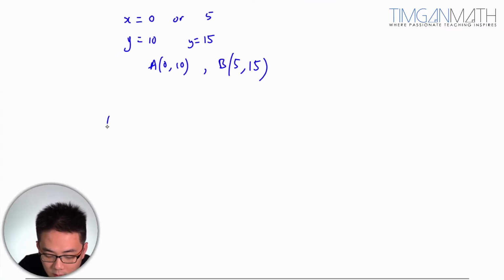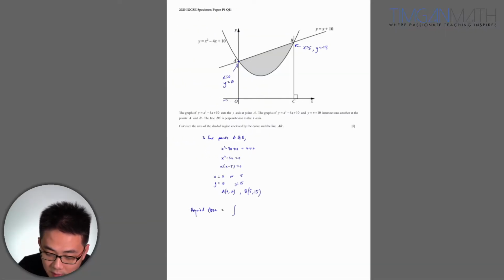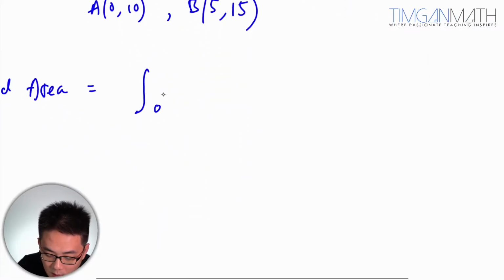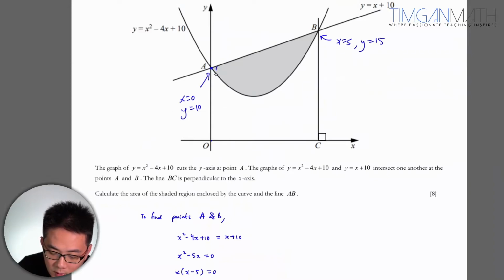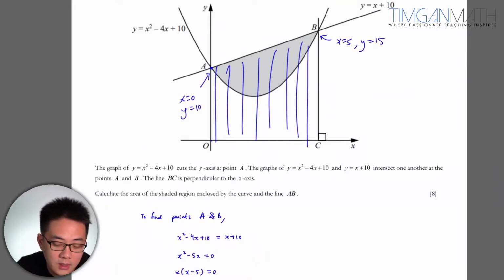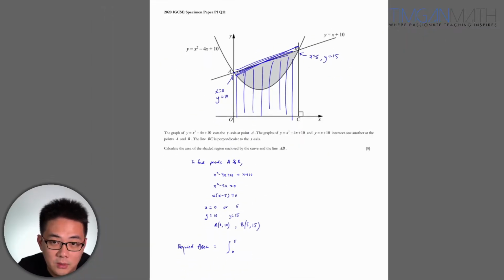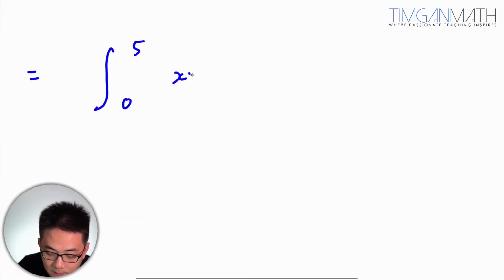The required area would just be taking 0 to 5, taking the top curve, which is this line here. The area under this line would be the trapezium, which is x plus 10.